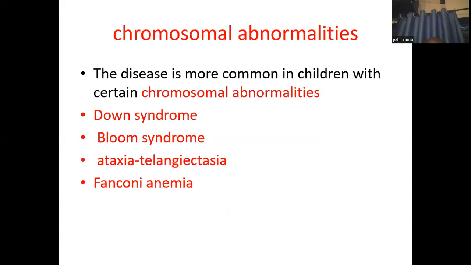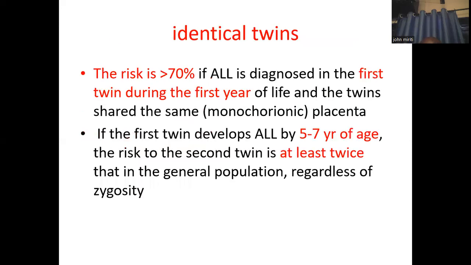As for chromosomal abnormalities, the disease is more common in children with certain chromosomal abnormalities. It is very common in children who have Down syndrome, Bloom syndrome, ataxia telangiectasia, or Fanconi anemia. In identical twins, the risk is more than 70% if acute lymphoid leukemia is diagnosed in the first twin during the first year of life, and the twins share the same monochorionic placenta.